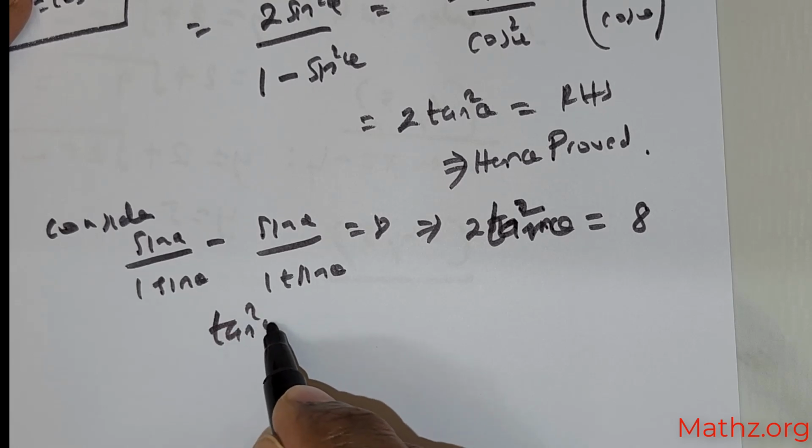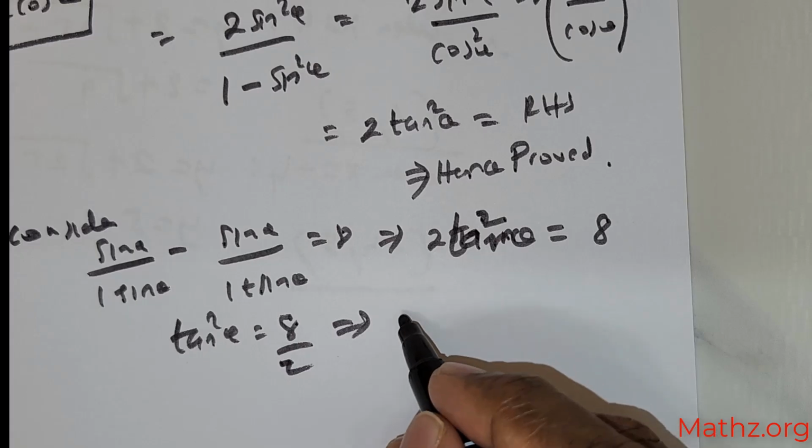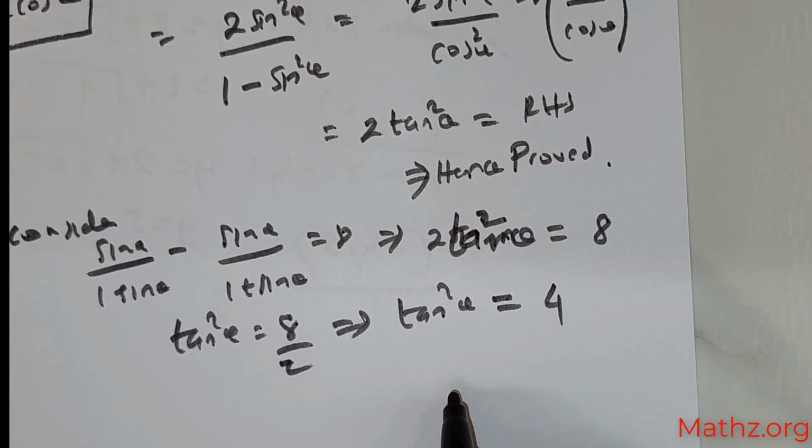So this means tan squared theta is 8 over 2, which in turn means tan squared theta is equal to 4. Right, so this in turn would mean my tan theta is equal to plus or minus 2.